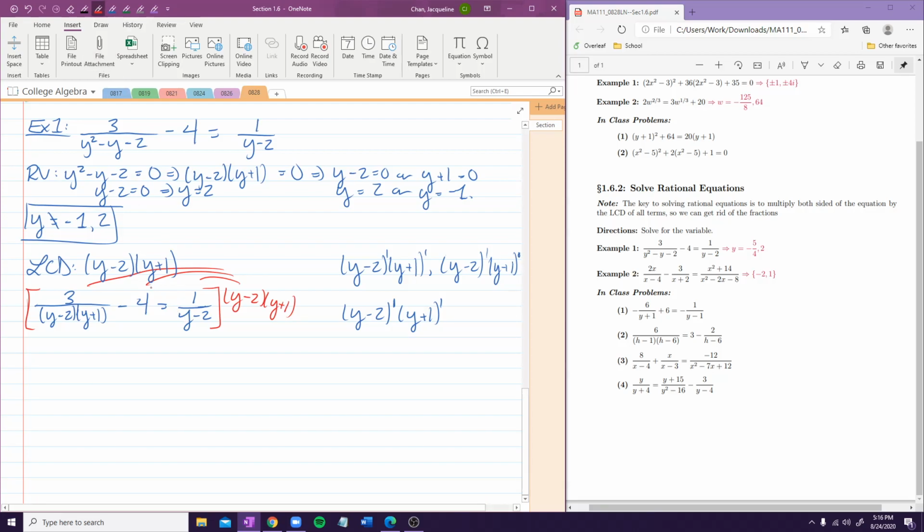That's usually why we do it this way, but I'm a little lazy and don't want to write all that. So I'm just going to write this out so we can easily see what we can cancel. But if you're comfortable with this, you don't have to.